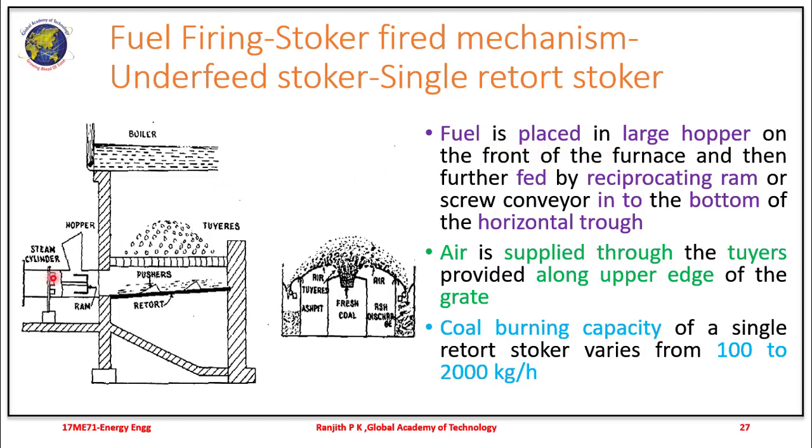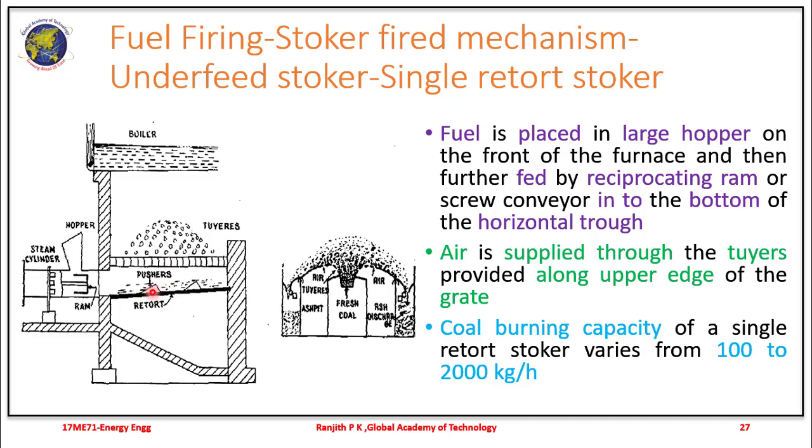In case of an underfeed mechanism, it is a single retort stoker where the fuel is placed in a large hopper shown here, and then it is rammed. So basically there is a reciprocating action here. There is either a screw conveyor or a reciprocating ram which rams the coal and pushes it onto the retort, and air is supplied to the tuyeres that are provided along the upper edge of the grate.